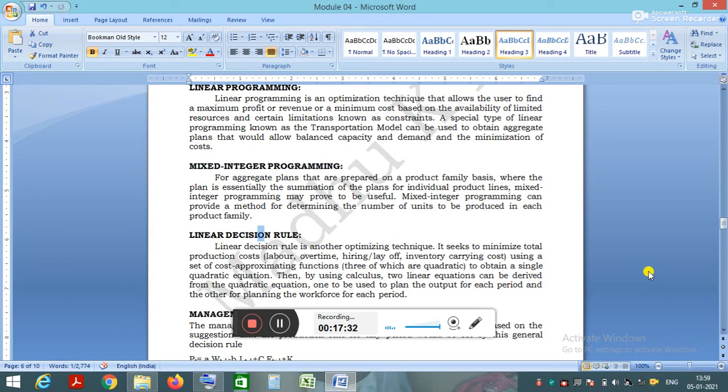One linear equation is used to calculate the workforce required, and one more equation is used to plan the output.